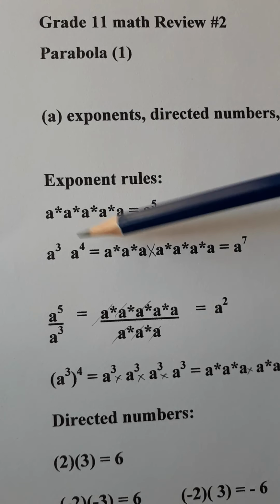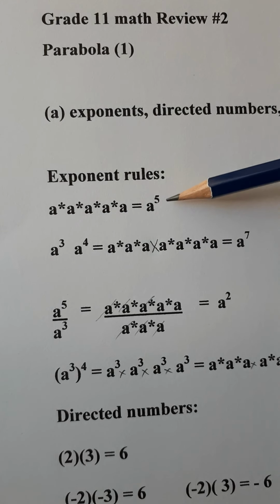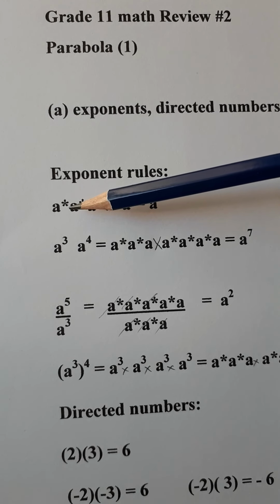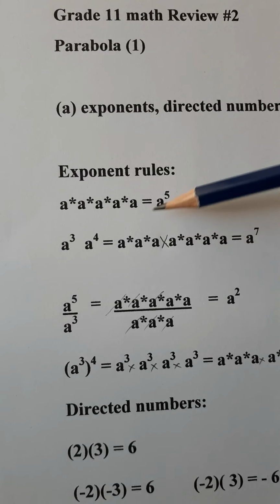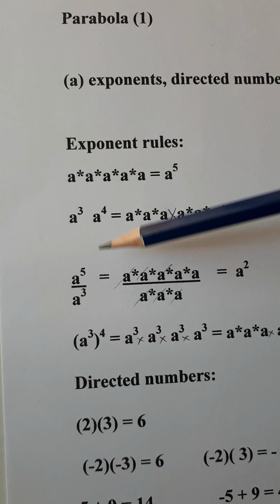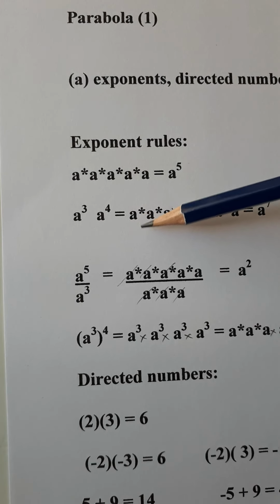If you multiply the letter a 5 times like this, you end up with a to the power 5. I am using this star for the multiplication sign. And if you multiply a to the power 3 by a to the power 4, what do you get?